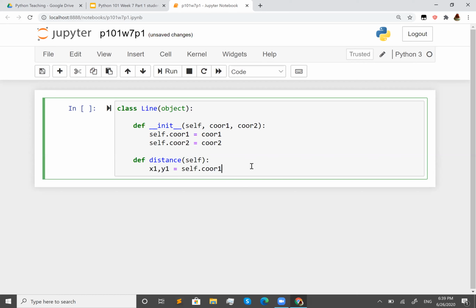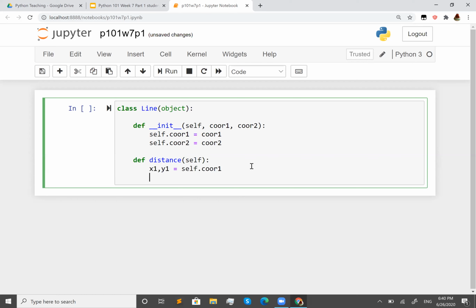So here what I did was I set the first set of coordinates as x1 and y1, so tuple unpacking. This is really easy. So just based on what I wrote here, can anyone tell me what to do for the second pair of coordinates?